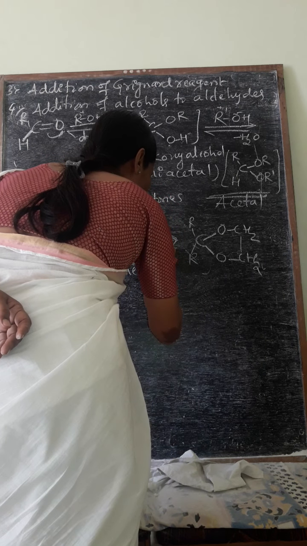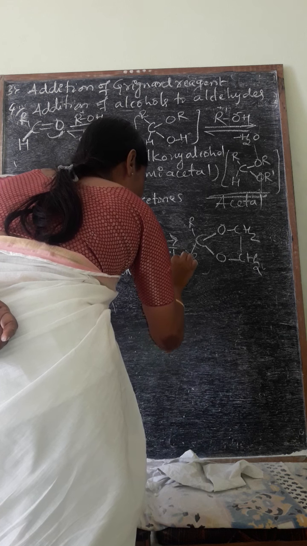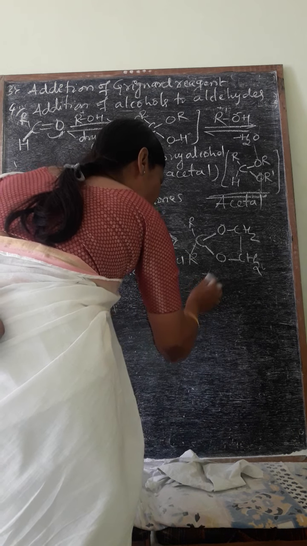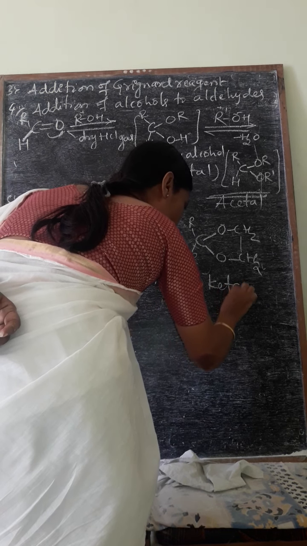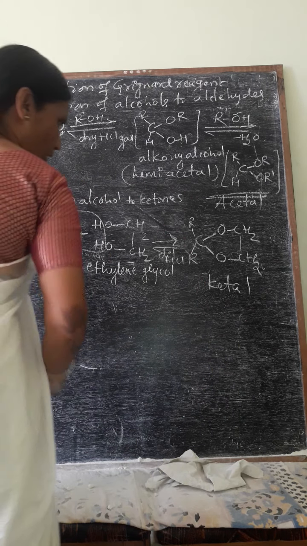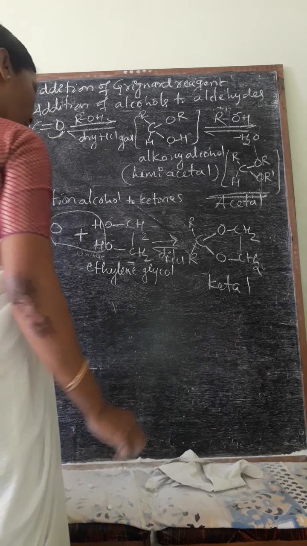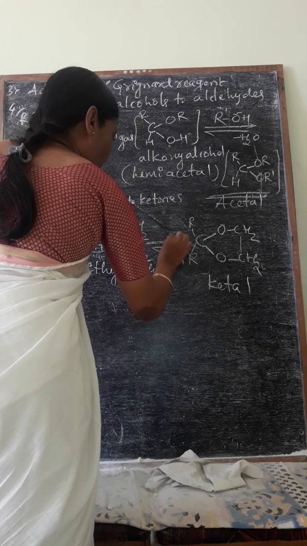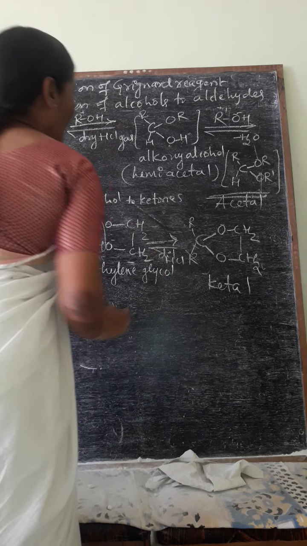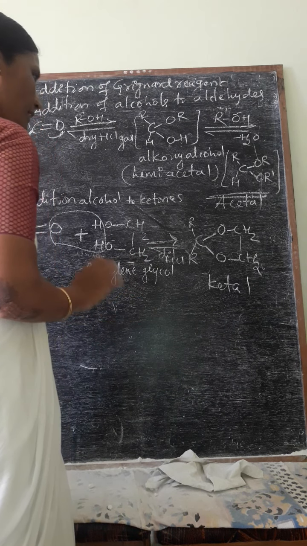When you use mineral acid like HCl, again this ketal is converted back into the respective ketone. Therefore, these are the additions of alcohols to aldehydes and ketones.